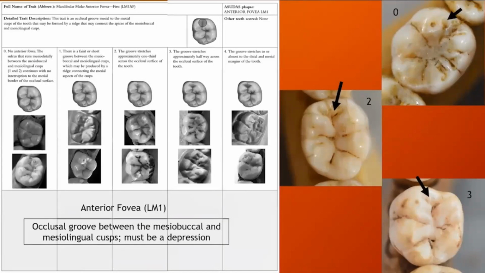So typically, as long as you're looking for that actual depression, you should be okay in scoring that. This trait can get tricky when teeth are worn. So that's something that you want to look out for as well when you're using these methods in your own work. Typically, anterior foveae presence is higher in groups with European and African ancestry than others. So those are typically going to be the groups that you'll see it more prominently in.